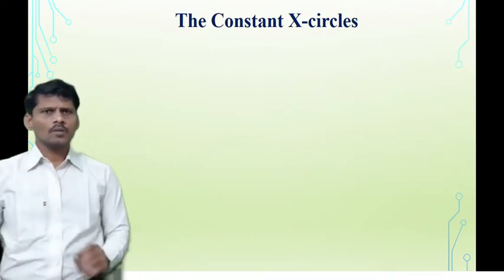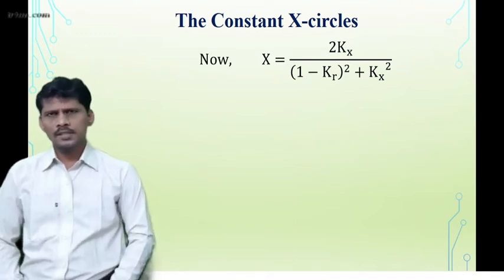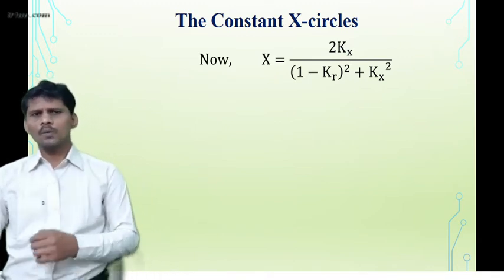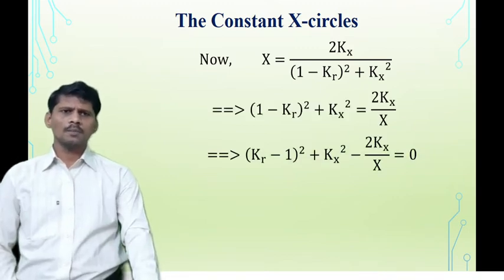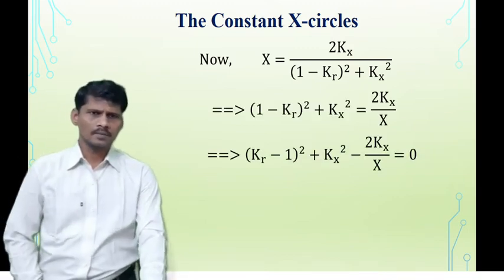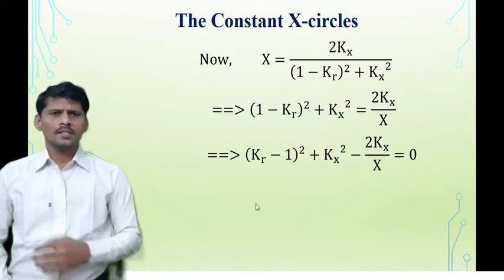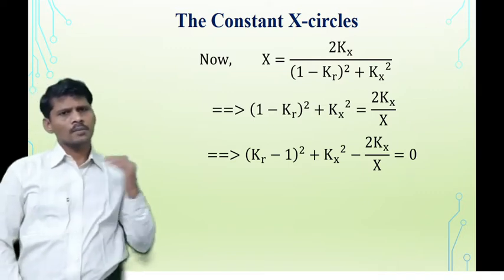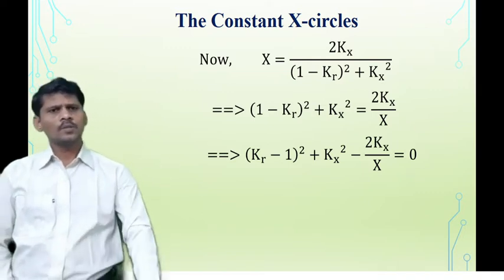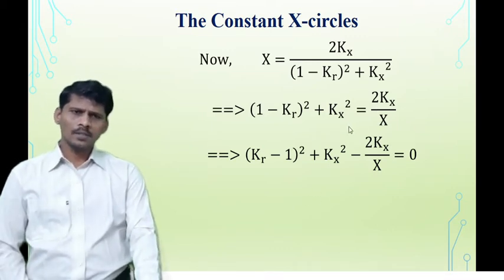Next, coming to constant x circles. We know that x is equal to 2kx by 1 minus kr square plus kx square. Take the cross multiplication: 1 minus kr square plus kx square into x, and 2kx is coming to the RHS side.